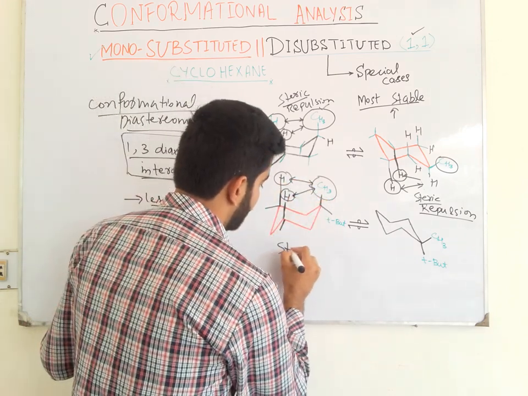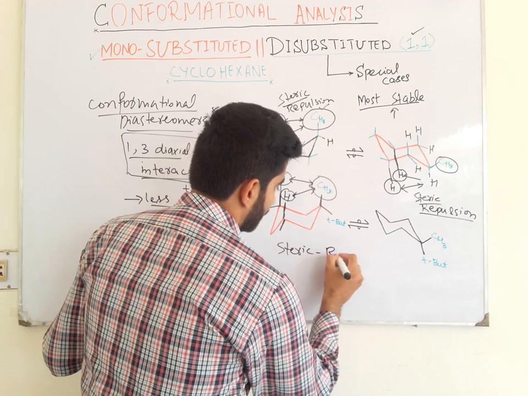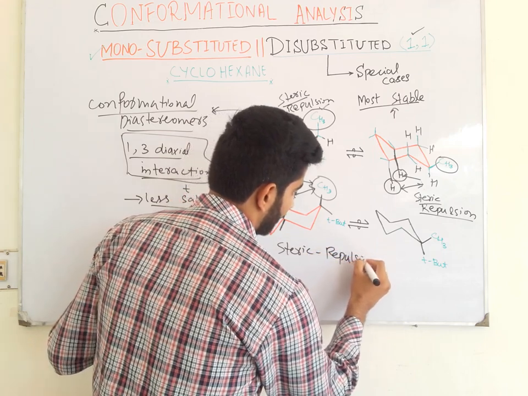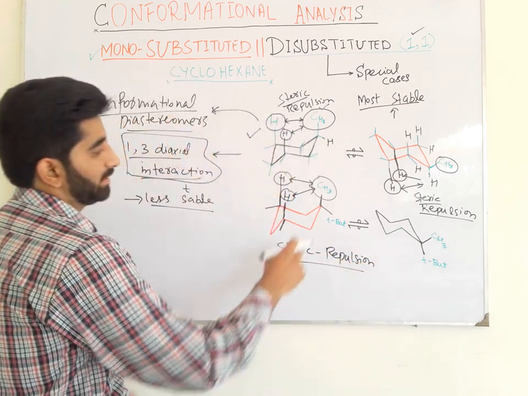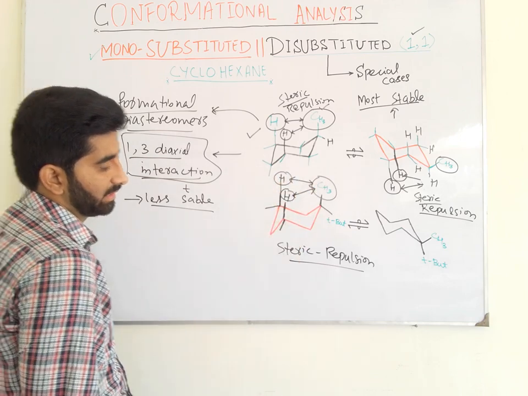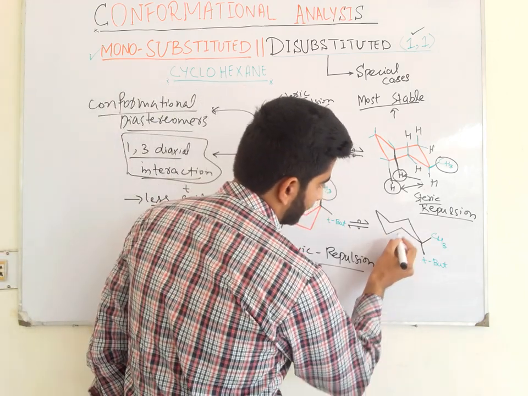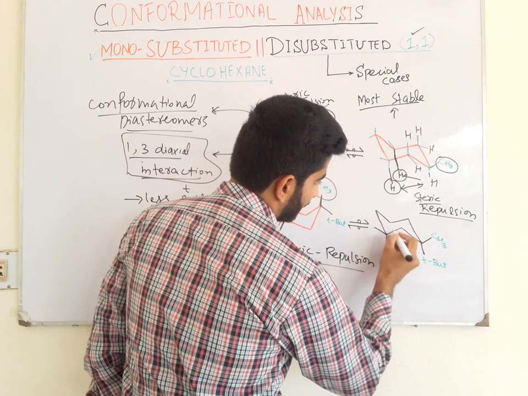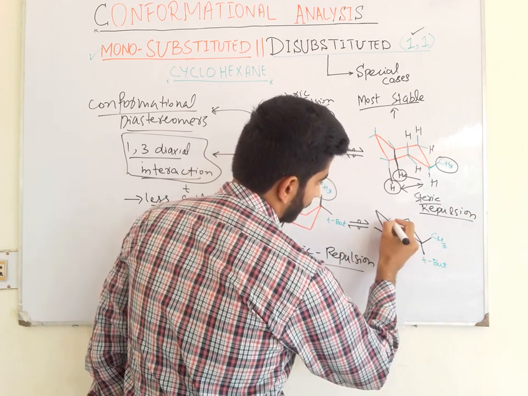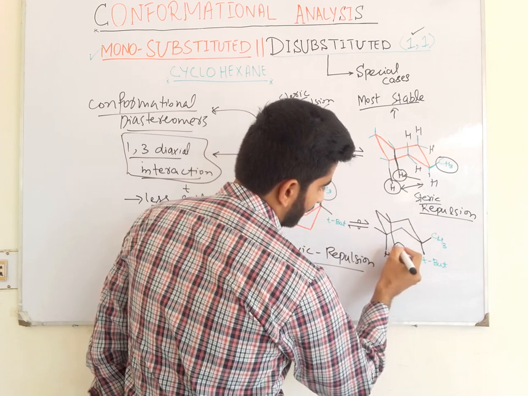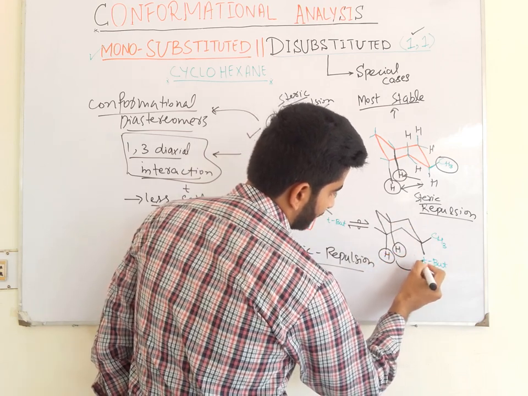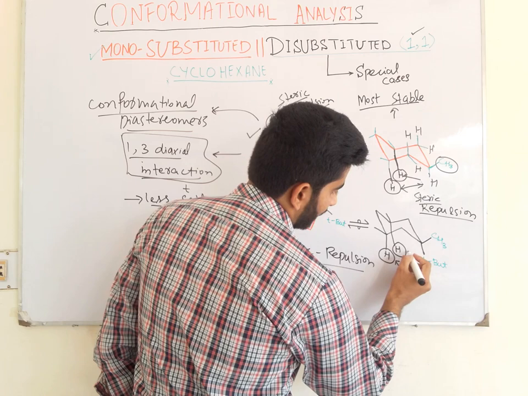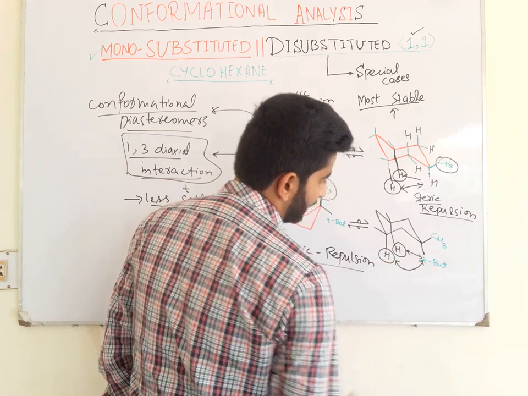So there is a steric repulsion between this methyl group and these two hydrogens. In this case, there is an axial hydrogen here, so there is 1,3-diaxial interaction between the tertiary butyl and these two diaxial hydrogens.